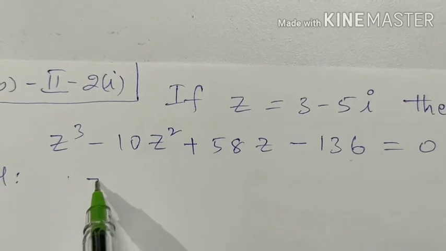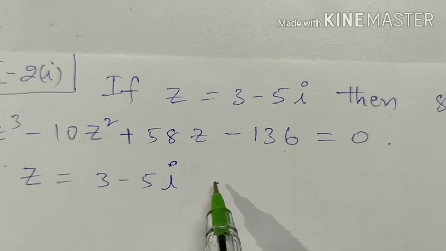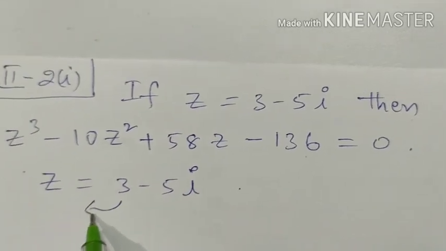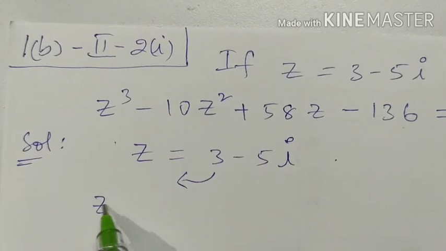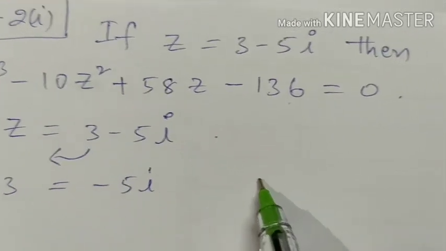Let us take z is equal to 3 minus 5i. Bring 3 this side, so z minus 3 is equal to minus 5i.